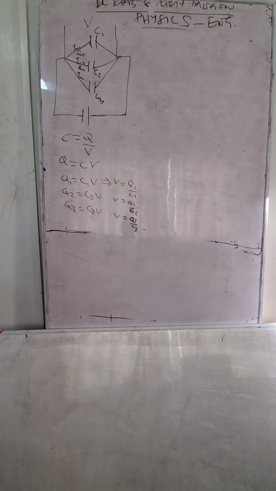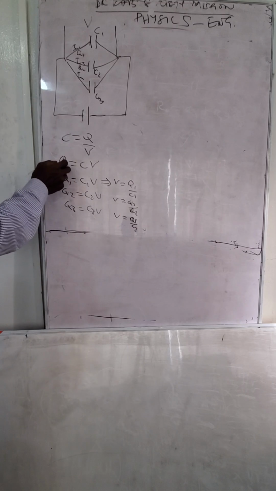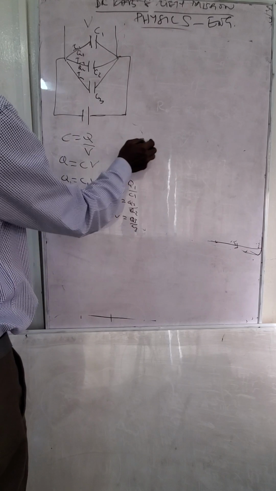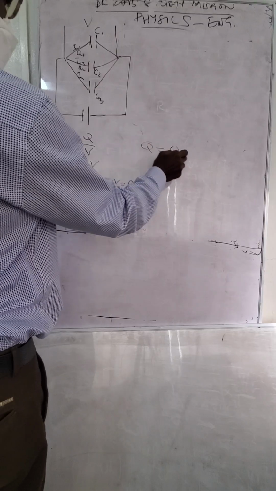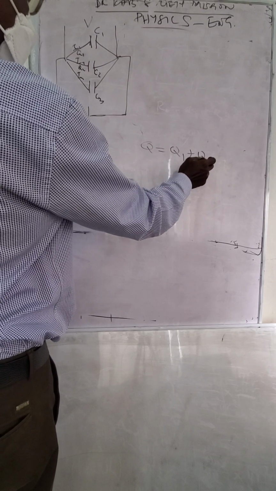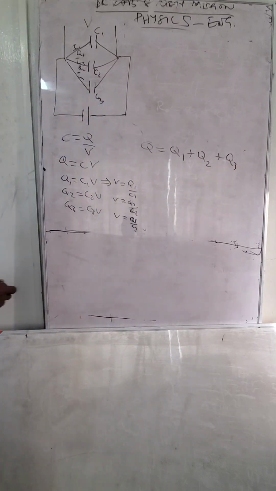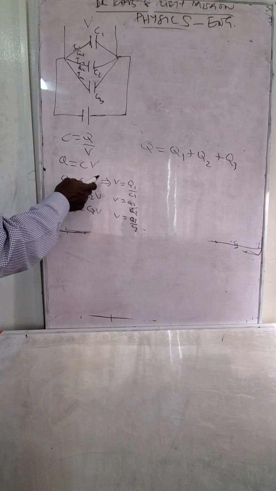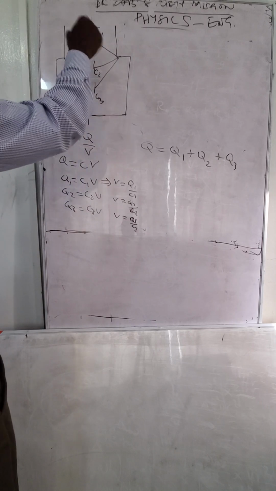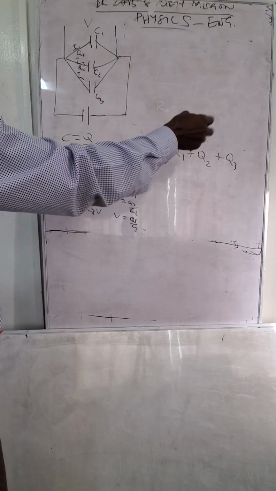And then we are good to go from this side. So from the general equation, you can see that the total Q is equal to Q1 plus Q2 plus Q3. Okay?